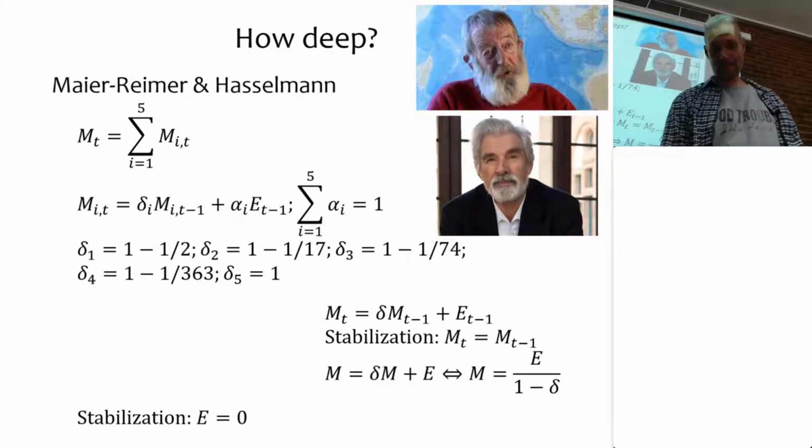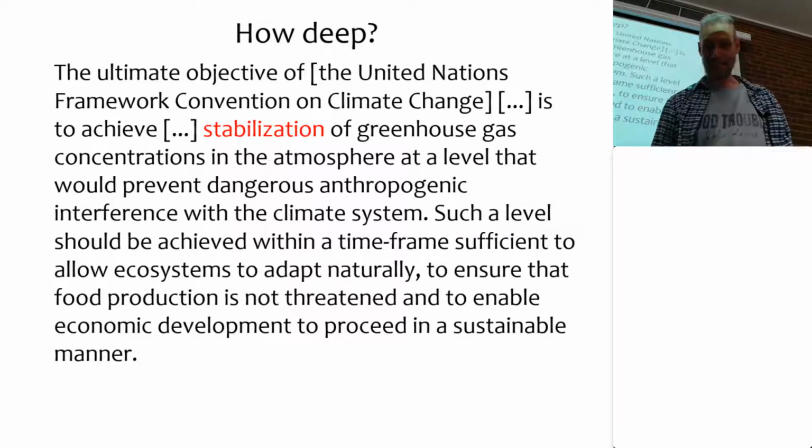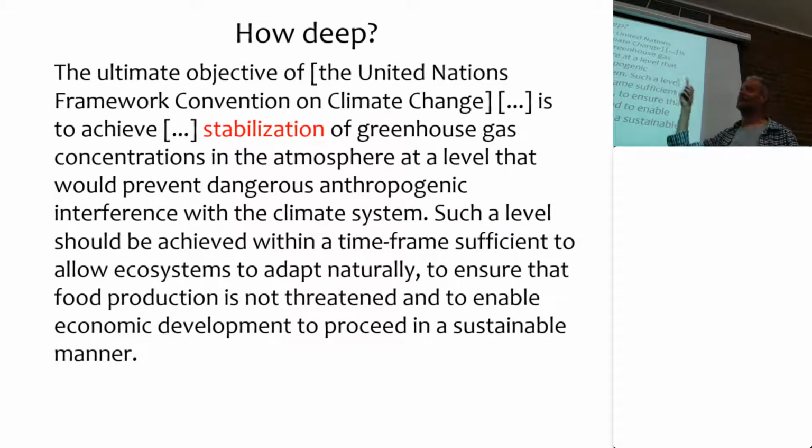Right? So when people wrote into the United Nations Framework Convention in 1992, 30 years ago, that we should stabilize the greenhouse gas concentrations in the atmosphere, they essentially committed everybody to 0 CO2 emissions. They did not realize that at the time, and the people who signed up to this also did not realize what they signed up to.